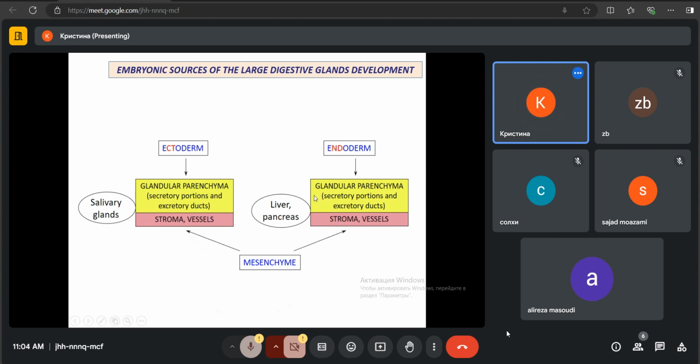In glands which are produced from endoderm, there are no myoepithelial cells. And the excretory ducts in the ectodermal glands usually have 2 or more layers of cells. In glands which derive from endoderm, all excretory ducts are always lined with simple epithelium, one-layered.